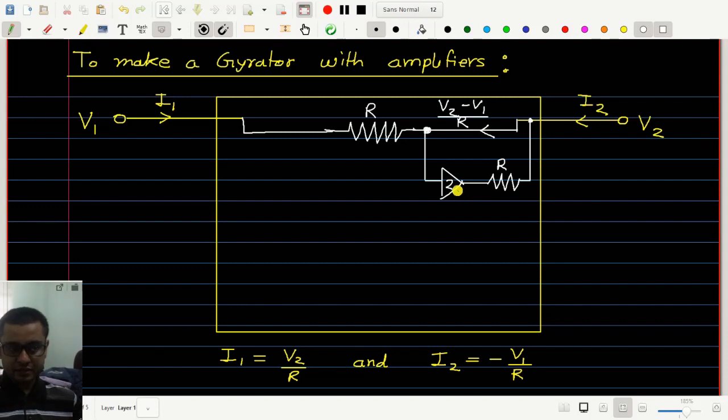Then what will happen is this voltage is V2, so this voltage here will be 2V2 and therefore this current will be 2V2 minus this voltage which is V2, divided by R. Therefore this current is given by V2 by R. Okay, this is V2 divided by R.